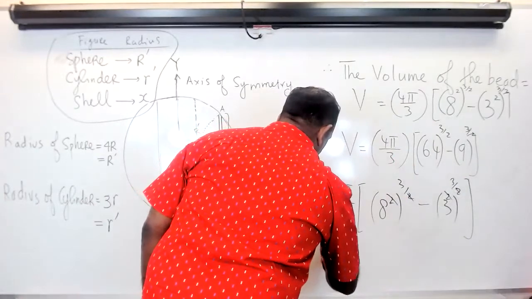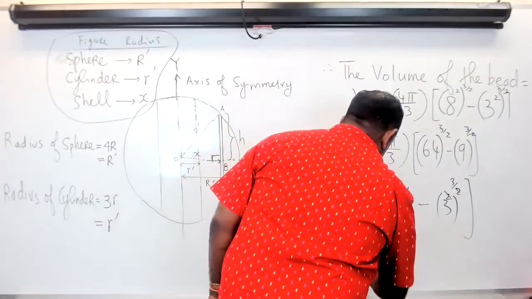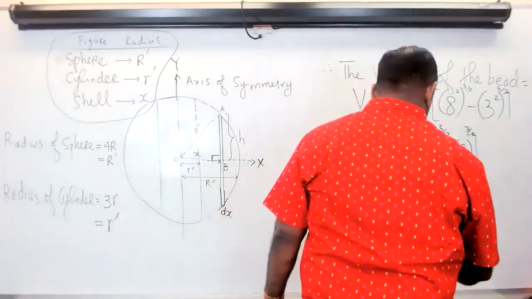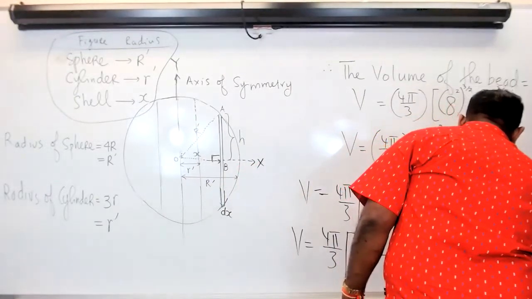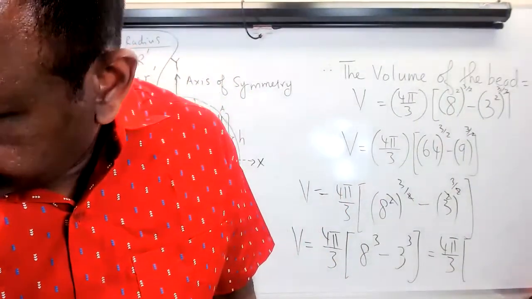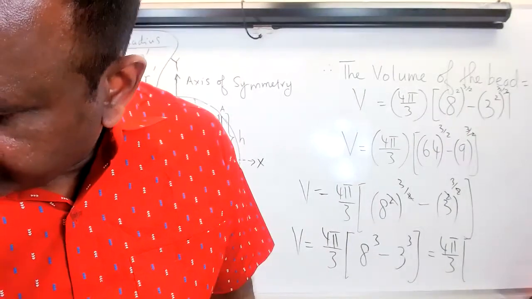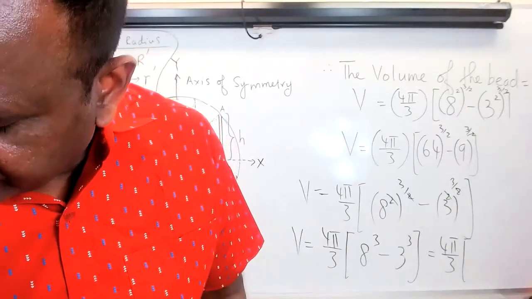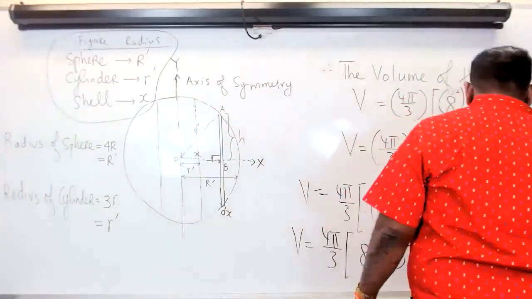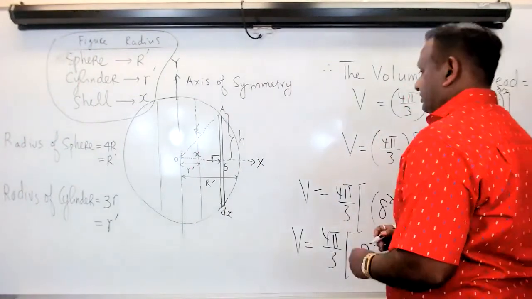We would be 4 pi over 3, 8 to the third minus 3 to the third, which is 4 pi over 3. 8 to the third is how much? 3 to the third is 55, no? 55. That's the answer.